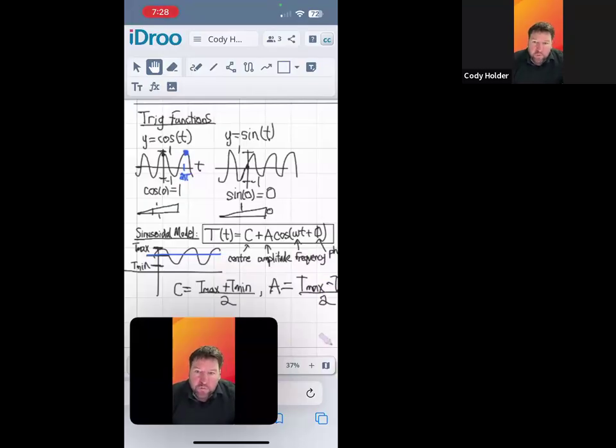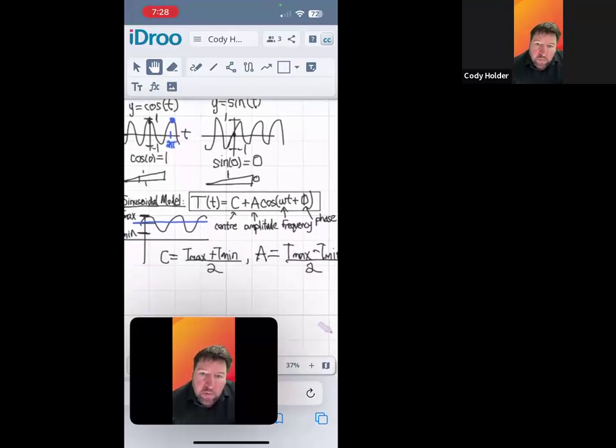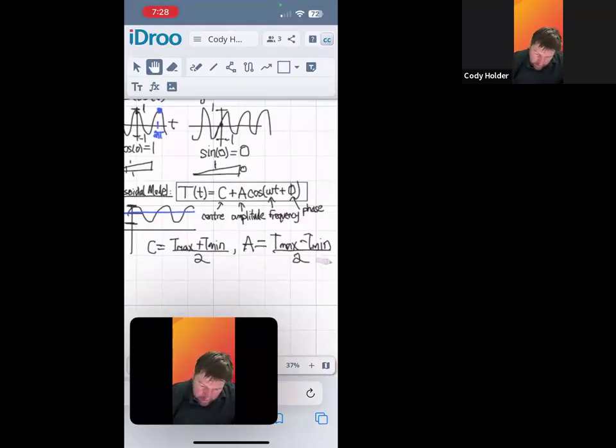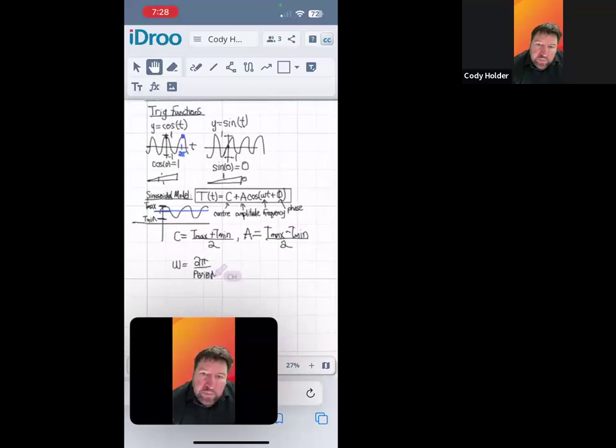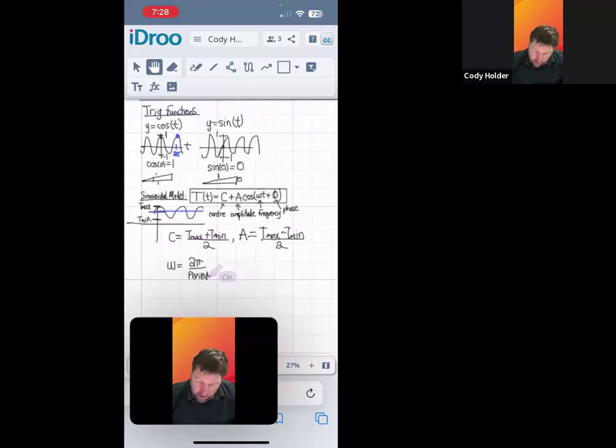There's also a beautiful formula for the frequency. Very useful. Frequency is 2 pi divided by the period. The period, in our case of monthly temperature, is going to be 12 months. It's however long it takes for the cycle to repeat itself again.